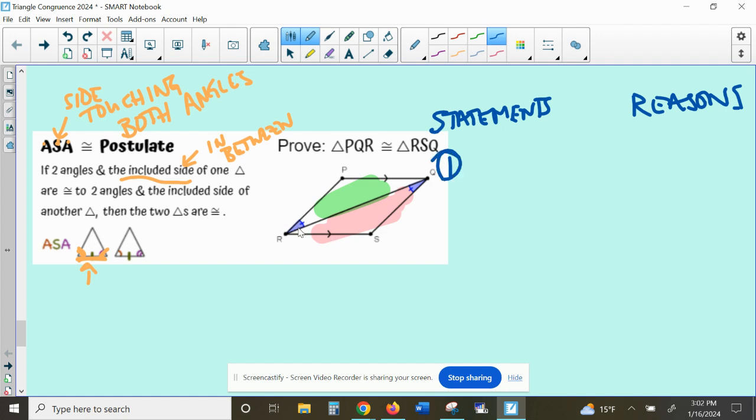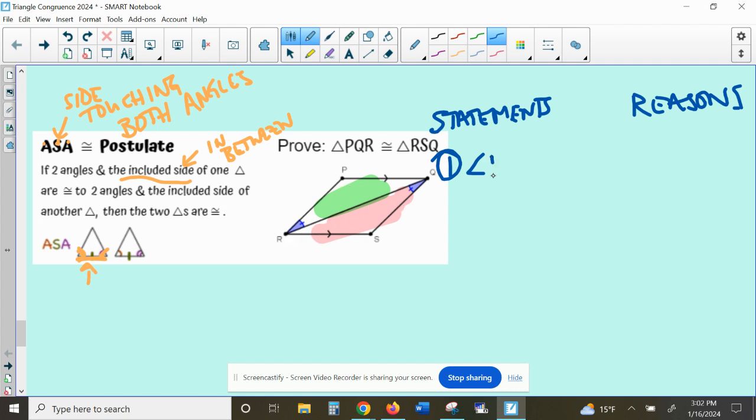Okay, statement number one. Let's look at this picture. Look at this blue angle down here and this blue angle up here. Those are definitely marked congruent. So let's go ahead and do those first. Now I can't call this angle R down here because I have this little angle R, this little angle R, I have the whole big angle R, so that's not gonna work out. So I do have to use 3 letters. So I'm gonna call him P to R to Q. Remember, just trace with your finger, P to R to Q. Did it make that angle?